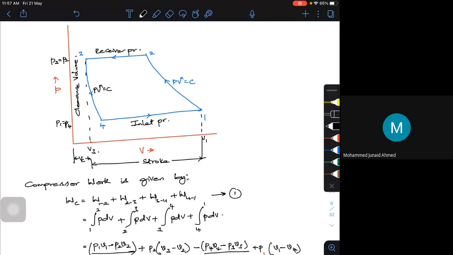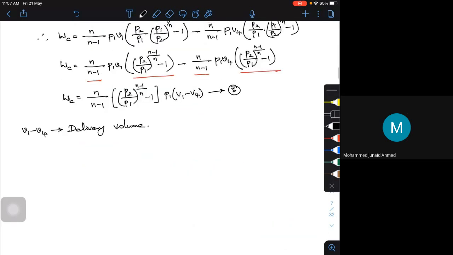So that is the amount of fluid that is actually getting delivered. You have a clearance volume, you have a delivery volume. If you want, you can write this as VD. So this particular quantity is your VD, the delivery volume. That is the amount of fluid or air which is getting delivered from your compressor.